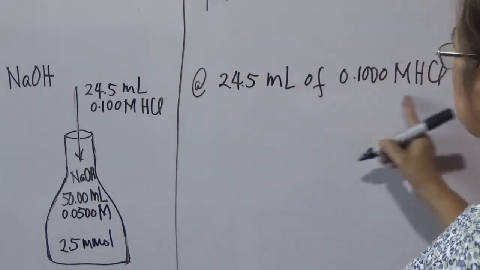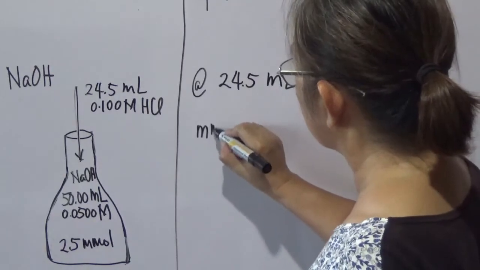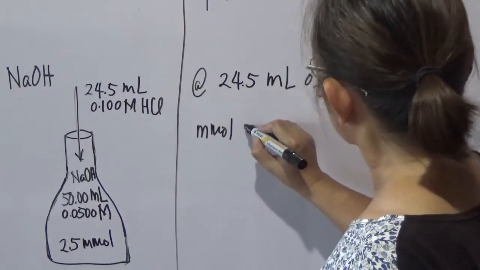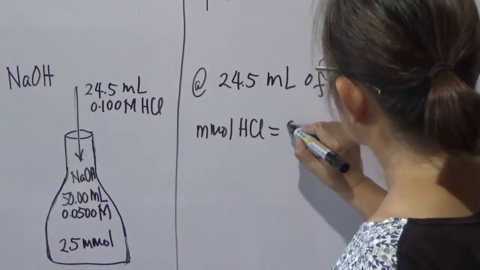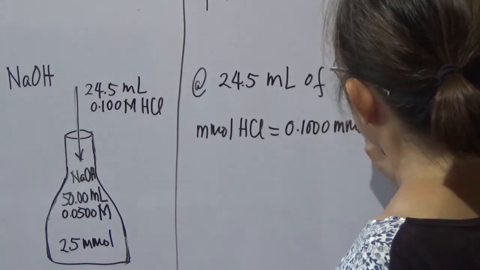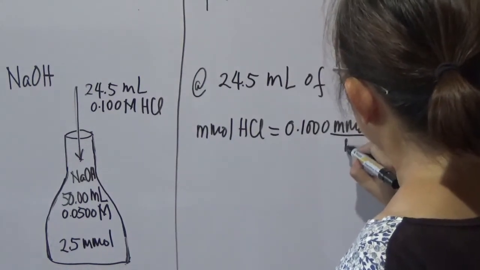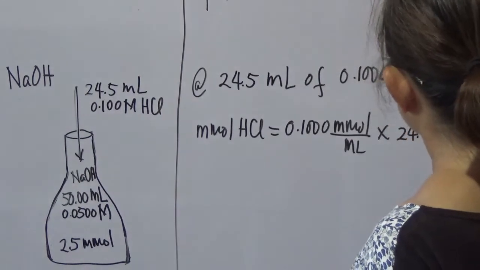So the amount of hydrochloric acid in millimoles will be equal to 0.1 millimole per ml, times the volume, 24.5 ml.